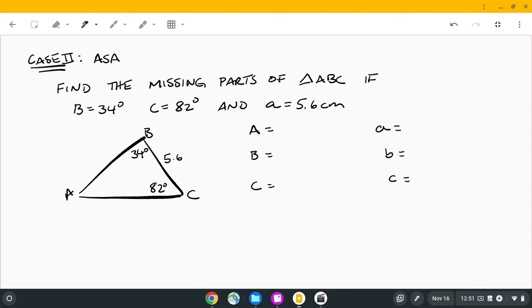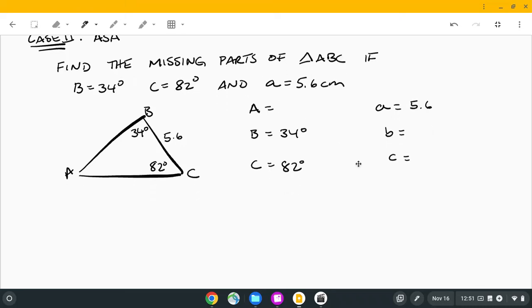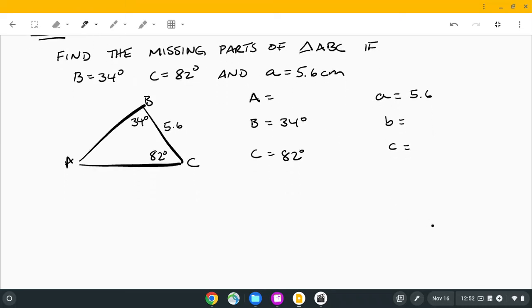And we know B is given, C is given, and little a is given. And we don't know these. Whenever you have two angles, go ahead and solve for that third one. So let's go ahead and find angle A. All right, angle A. So we can do 180 minus 34 minus 82.